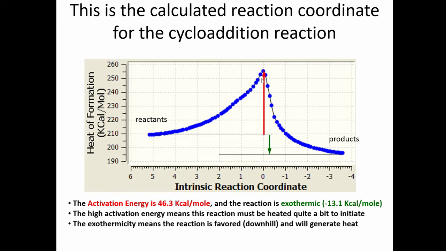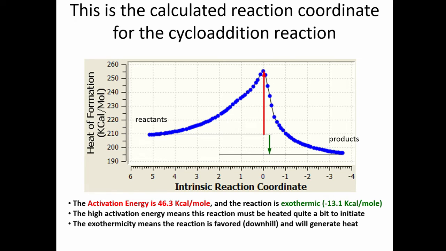The first part of the reaction has a very high activation energy at 46.3 kilocalories per mole. However, we can see that there's a steep slope that indicates that this reaction is exothermic, releasing about 13.1 kilocalories per mole in heat.